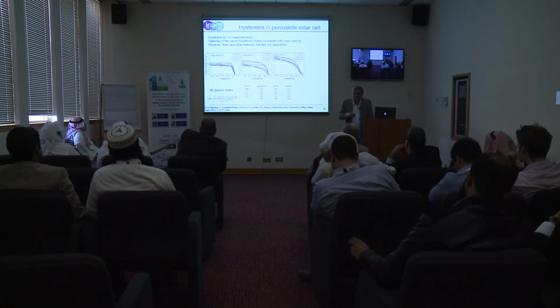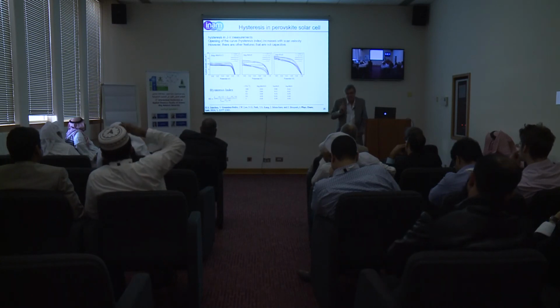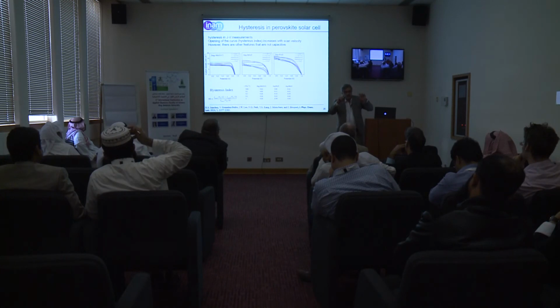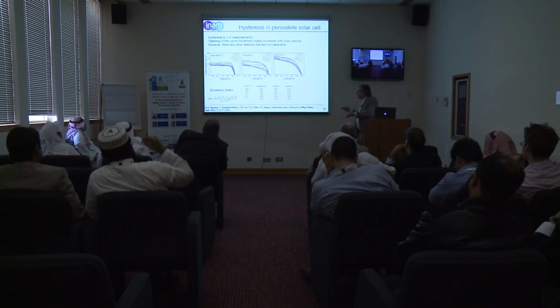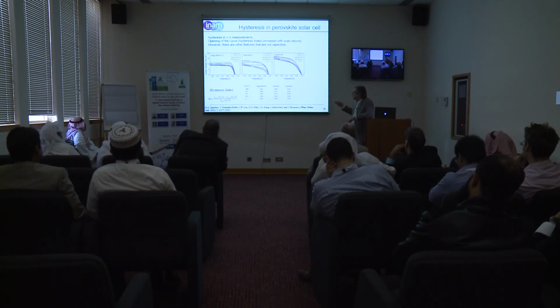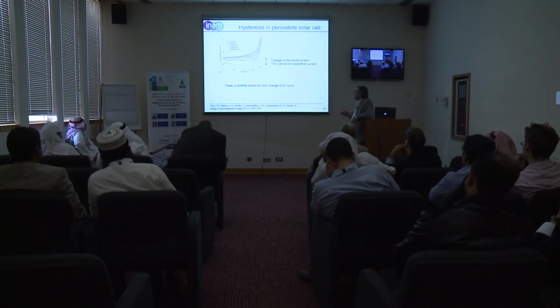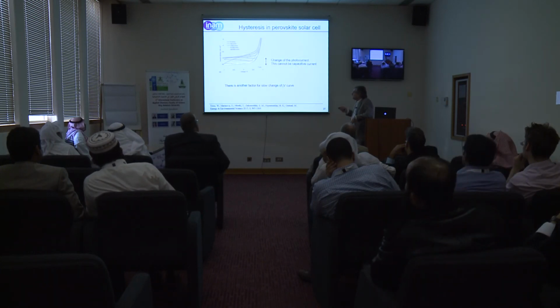But there are other cases where this is not what happens, because capacitive current is symmetric, so you cannot move the photocurrent. And in other cases, we are seeing that the photocurrent is coming from here to here, you see. So this cannot be capacitive, this is something else. And this is a big effect.